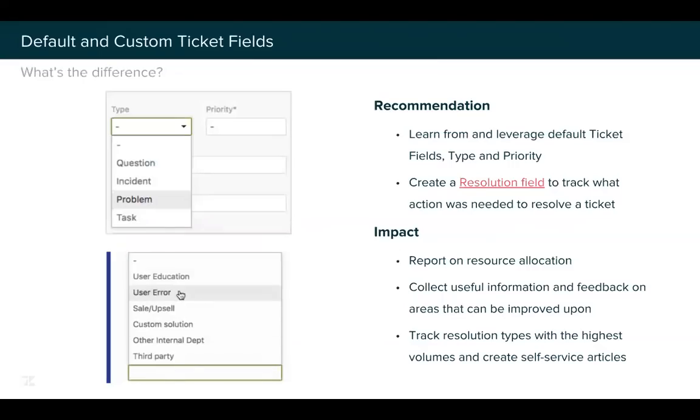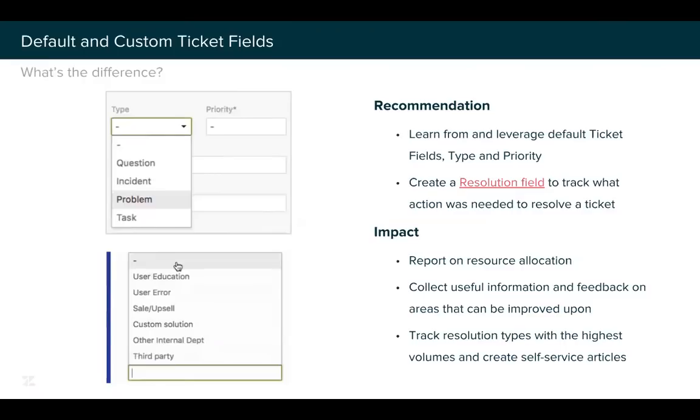So here we see some tips and tricks about our default versus our custom ticket fields. By default with Zendesk, you are given the type and priority fields that we see at the top left here. The problem and incident relationship is unique to that built-in default Zendesk field. The priority field can be slightly tweaked to include an on hold status.